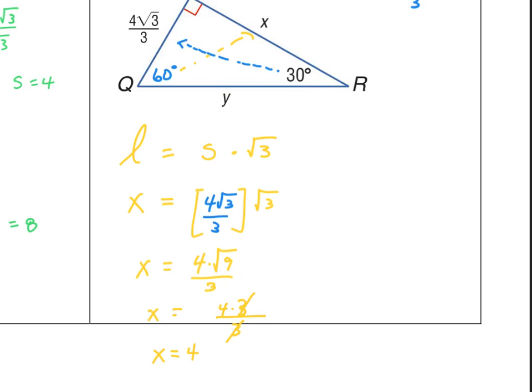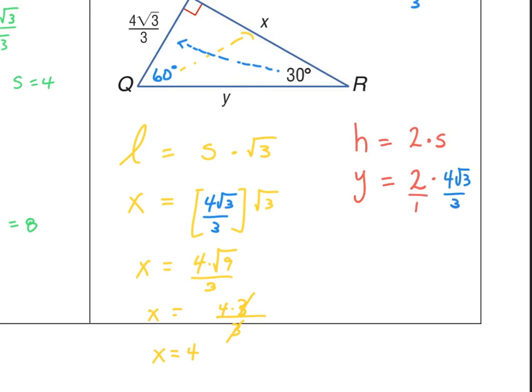Sticking with the problem, I need to find the value of y, and y is my hypotenuse. So the hypotenuse formula from our theorem 8.9 says that it is 2 times the short side. In this situation, the hypotenuse is the y variable. So y is equal to 2 times, and again, I'm going to plug in what the short side is, 4 square roots of 3 divided by 3.